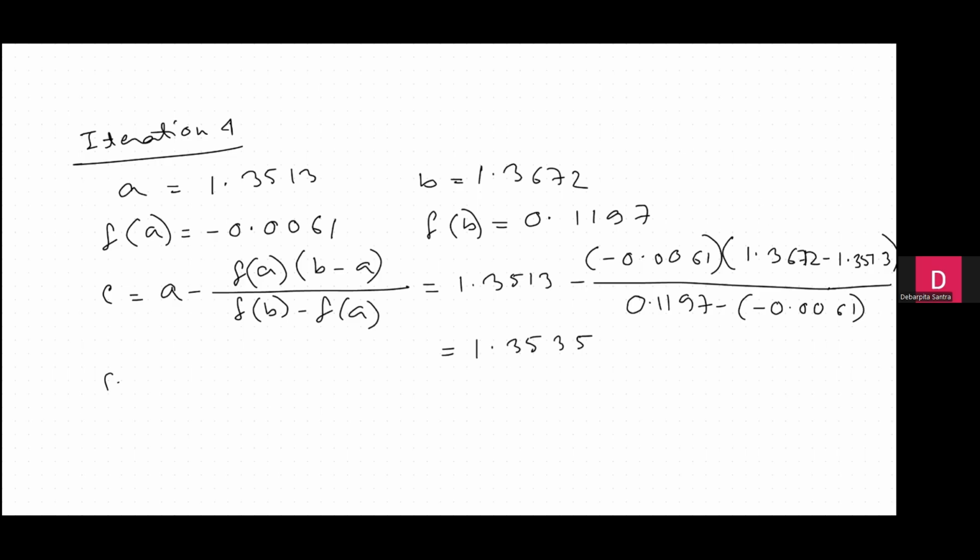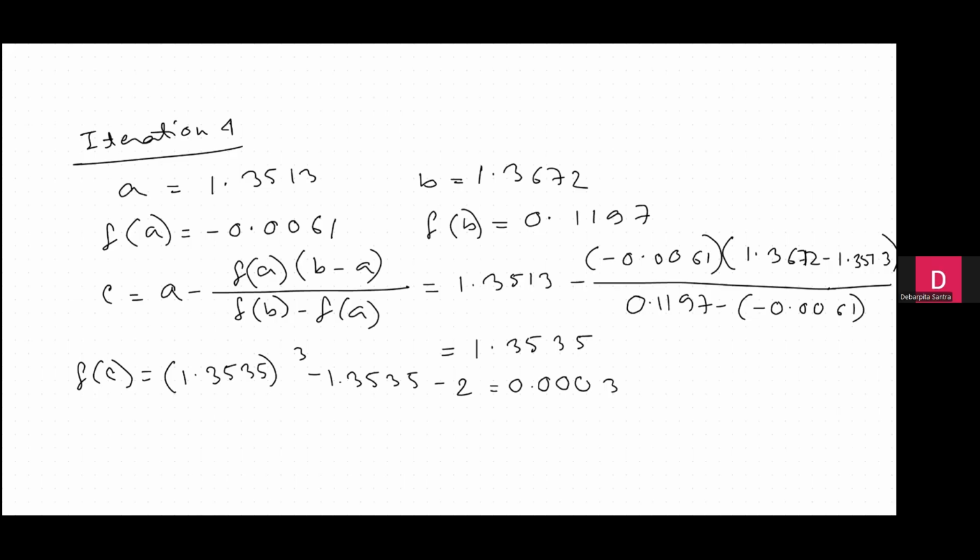So we now have to calculate our f of c. So our f of c is 1.3535 whole cube minus 1.3535 minus 2, that means 0.0003.